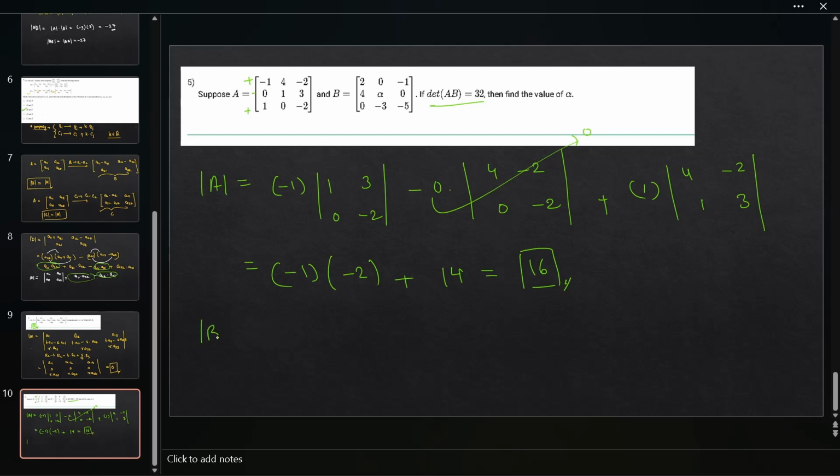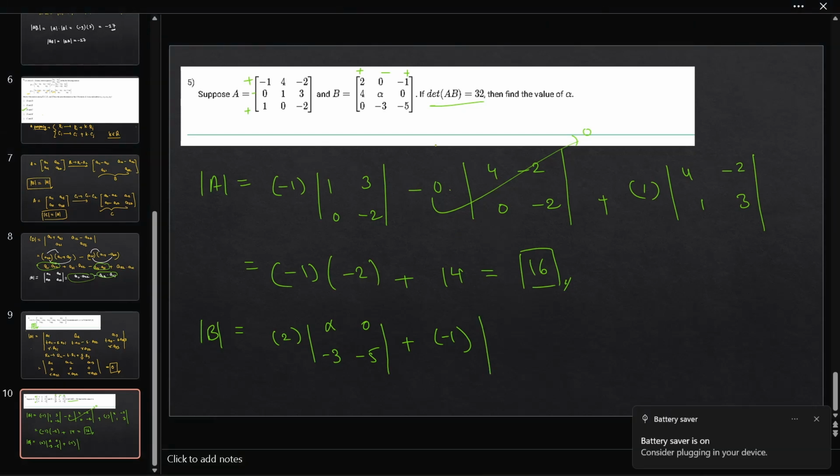And what about determinant of B? Determinant of B is going to be again expanding it along row 1, so it's going to be plus, minus, plus. If I start from 2, it's going to be 2 into alpha 0 minus 3 minus 5, and then there is some term multiplied with 0, so we need not write that, and we can directly switch to the last term, that is r minus 1.